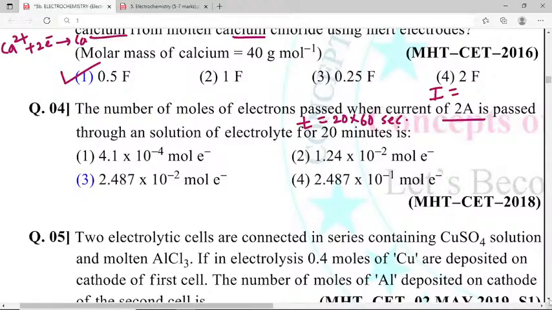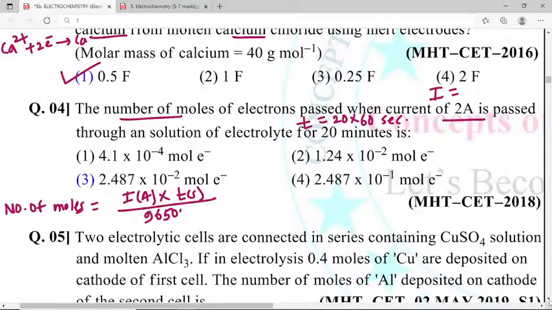The number of moles of electrons is equal to current in ampere into time in seconds, this whole divided by 96500 coulombs.